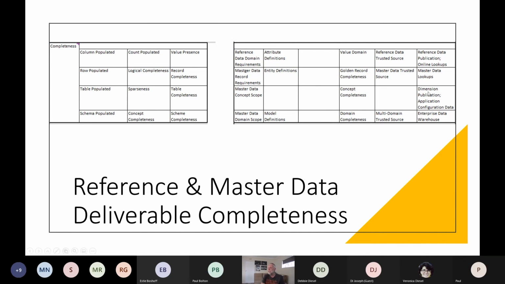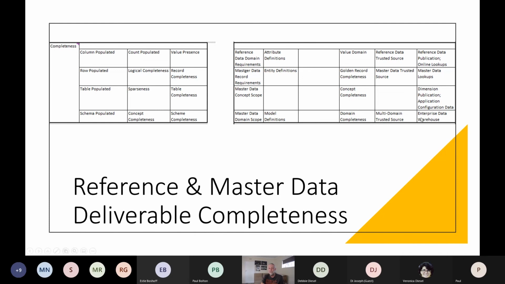And when we provide a data service, so this is a service that we provide to downstream people, well, we're going to be able to publish reference data. We're going to be able to provide real-time online lookups against the source. What is your code list being? We're able to provide master data lookups. We can publish dimensions. We can provide applications with configuration data.